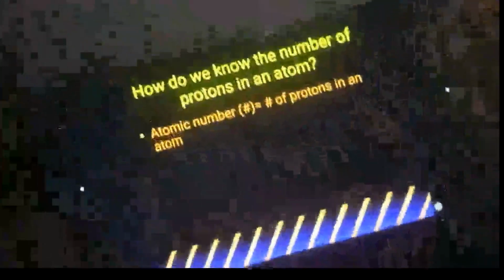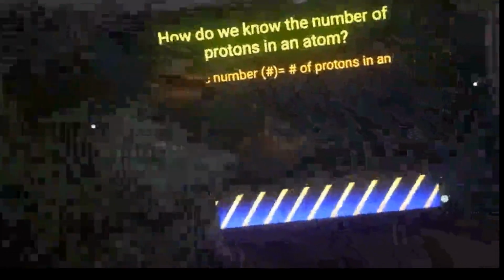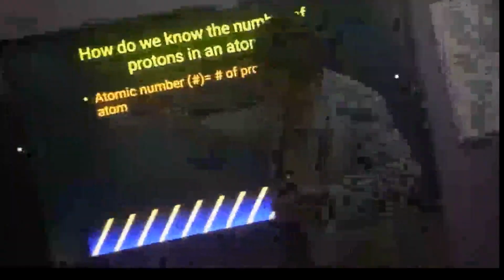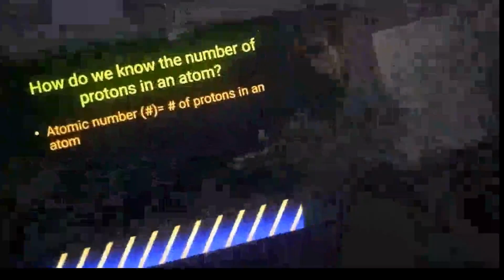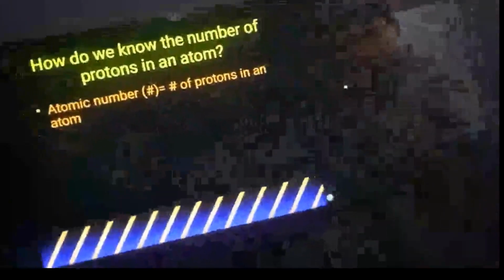Calcium has 20 protons inside the nucleus, so the atomic number of calcium is 20. It is very important because we identify each atom according to its atomic number. When we see the periodic table, atoms are always placed according to their atomic number. We will explain it further step by step.